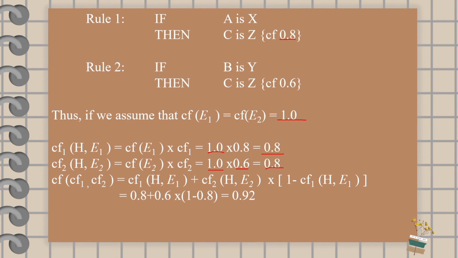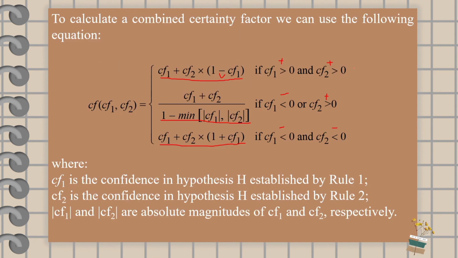So here we're going to merge. In this formula, we're going to merge: CF1 hypothesis evidence 1 plus CF2 hypothesis evidence 2 times 1 minus CF1 hypothesis evidence 1. Take note that since our certainty factor here is both positive, then we are using this formula.